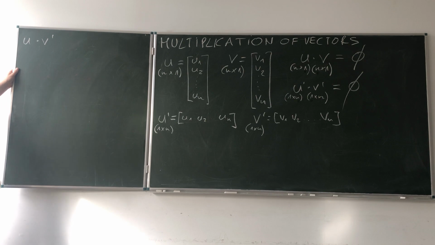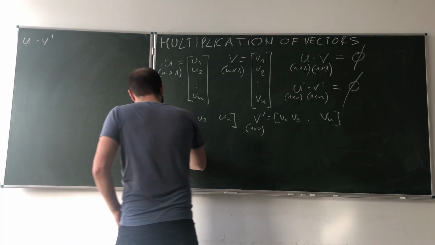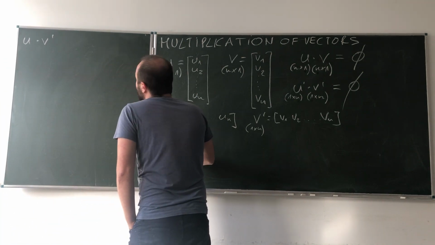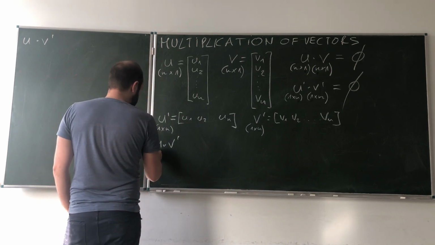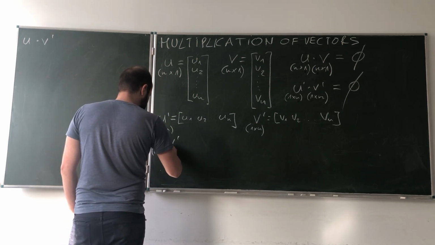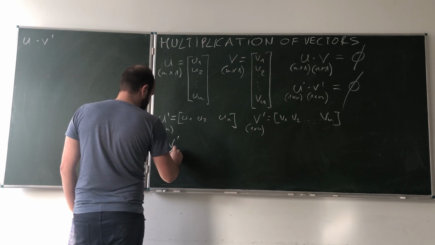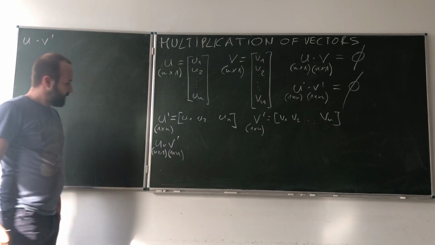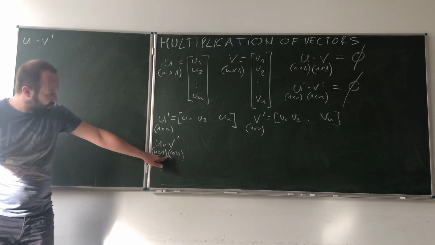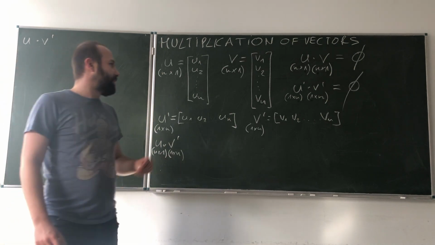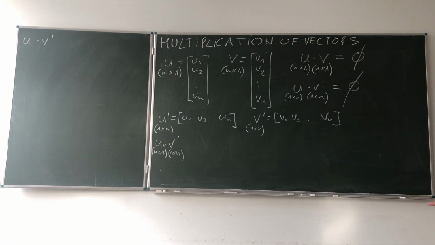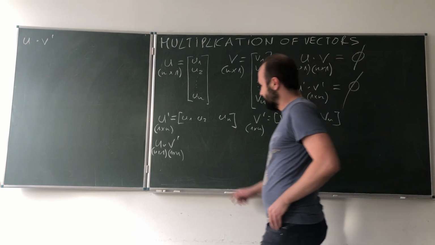Okay, so what do I have? Oh, maybe I'm going to do it over here. Vector u times vector v prime. Look, this vector is n by 1. Well, this vector is 1 by n. So, we clearly can multiply them because those dimensions are identical, and as a result, we should get a matrix with the dimension n by n.